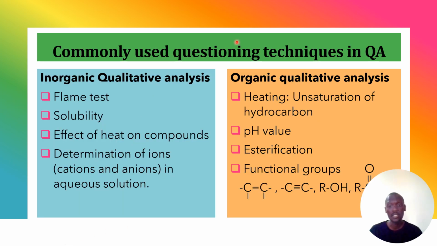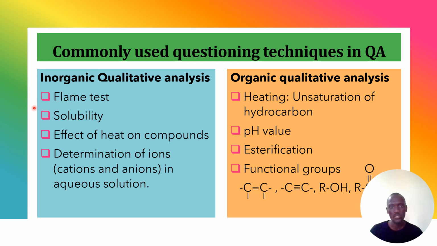Commonly used question techniques in inorganic qualitative analysis, which is basically analysis of salts and ions, include the flame test. You will learn a lot when it comes to flame test. The second one is solubility, where students observe whether the test substance dissolves or does not dissolve in water.